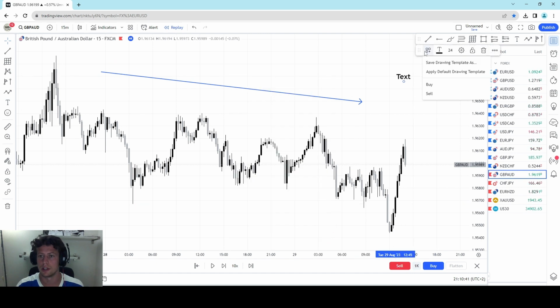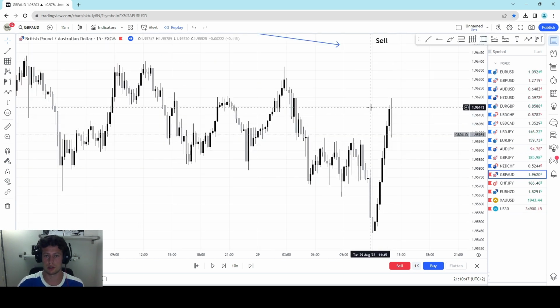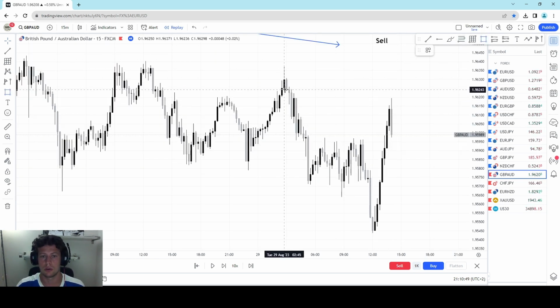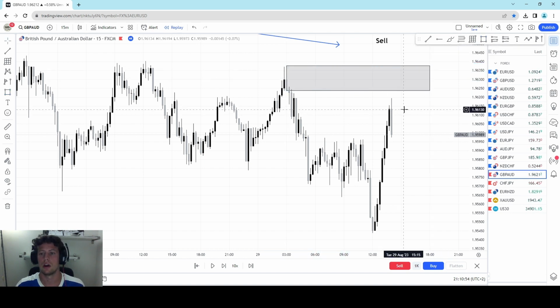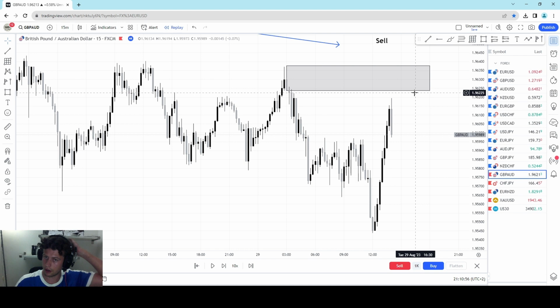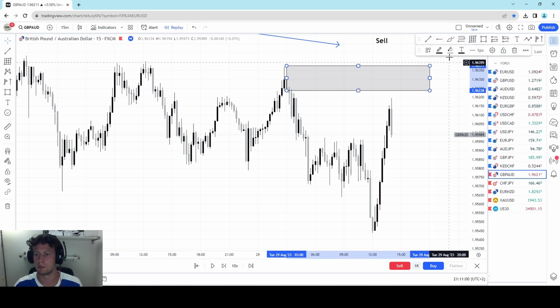I put there text and we are looking for sells. So I draw a supply zone. There is a supply zone. I drag it. I place an alert at the 50% of the supply zone. I just mark it.